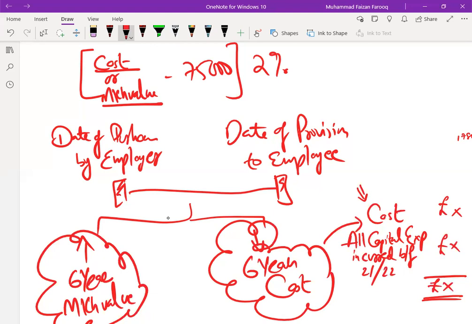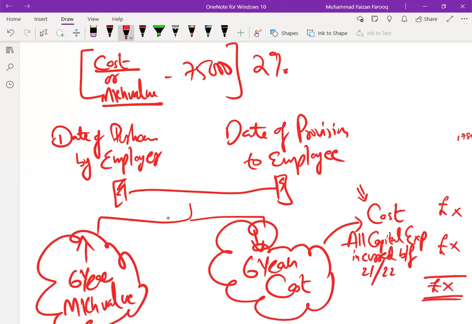But a small condition: these capital expenses must be incurred before my tax year. My tax year, which we are going to attempt in the paper, is 21-22. That means we are going to add all the capital expenses incurred before 6th April 2021.